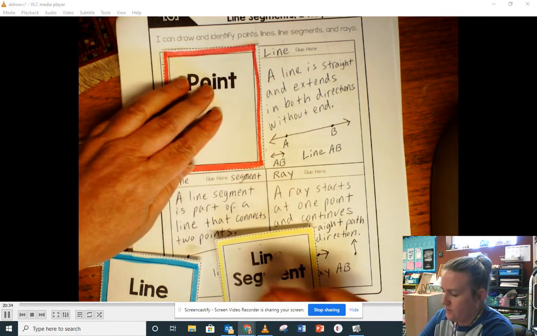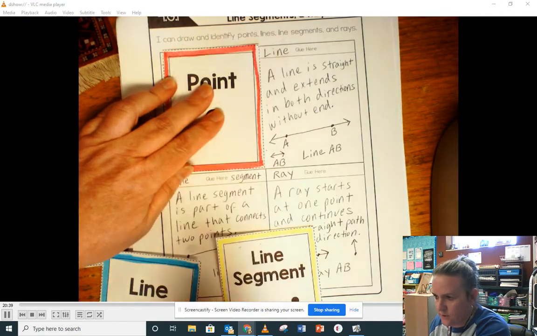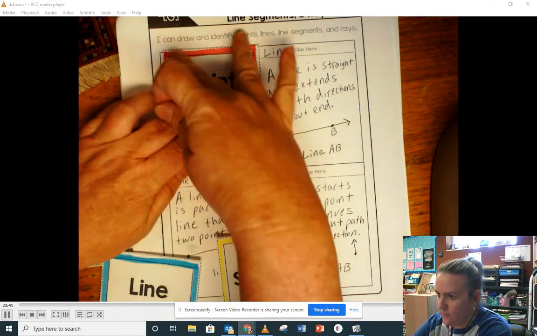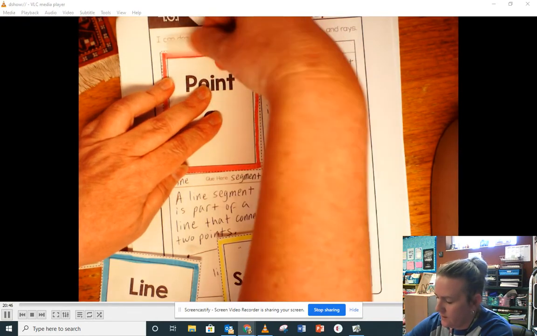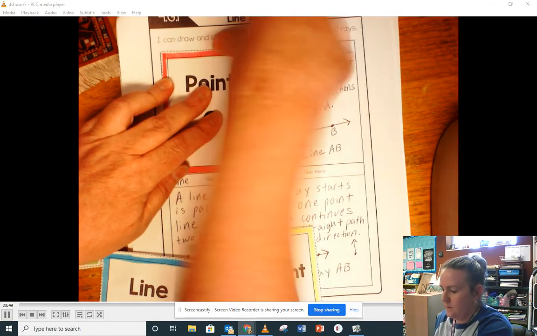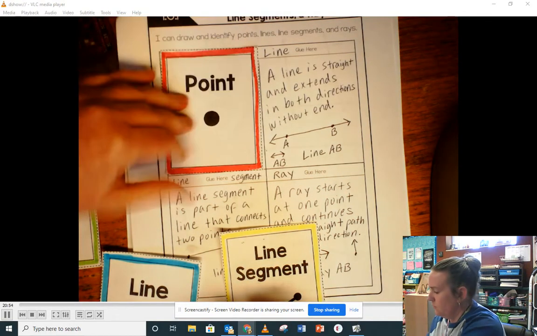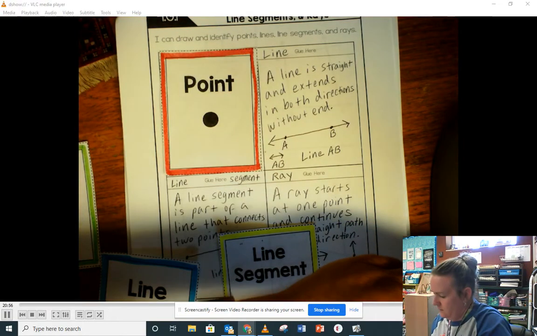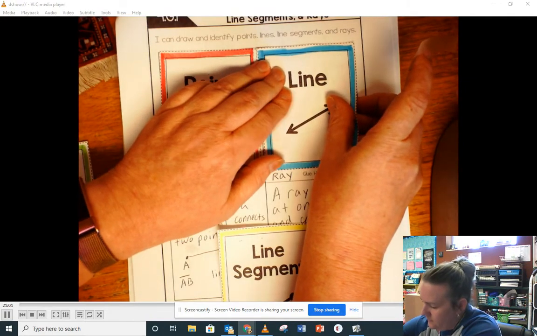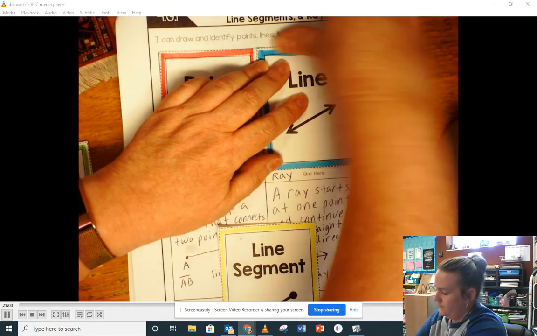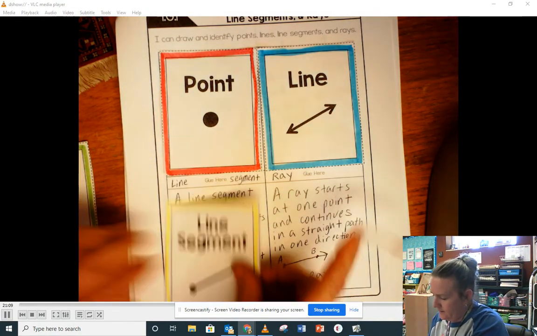Now, you're not going to put your tape on the long way. That's not how you would attach a door. You want to have it attached at multiple points. So we're going to put our tape on horizontal, and that way it lifts up and down like a door. And I will do line, and line segment.